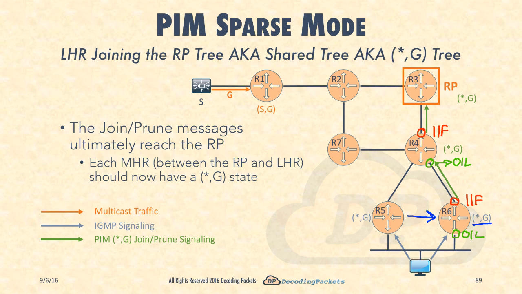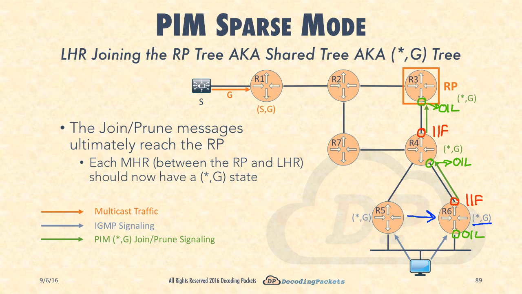But furthermore, it is going to do the same thing. It received a join on an interface. So once you create that star comma G state, that interface must be added to the OIL. Now there is no incoming interface on the RP, because guess what? The RP is the root of this tree.